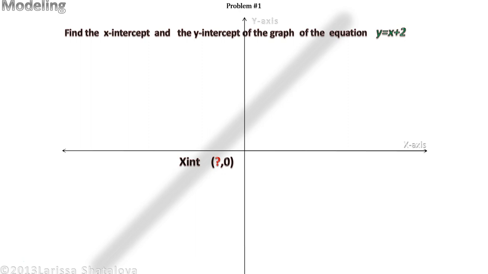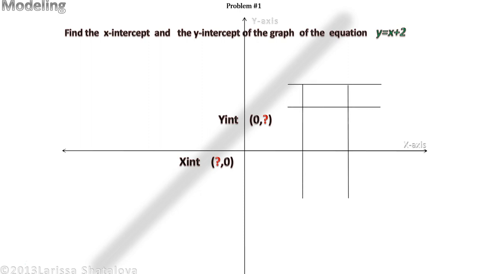And the y-intercept is a point where our graph crosses the y-axis, so the x-coordinate is 0. This is what we are going to use in order to find the x and y-intercepts. Now, let's build a table. x is the first column, the equation will be in the middle, and y is in the right column.